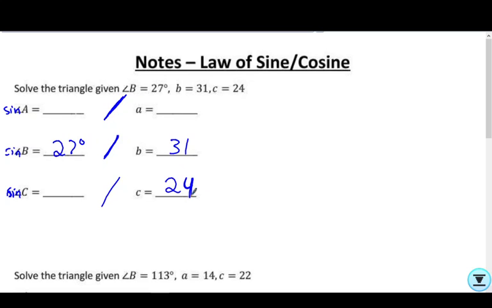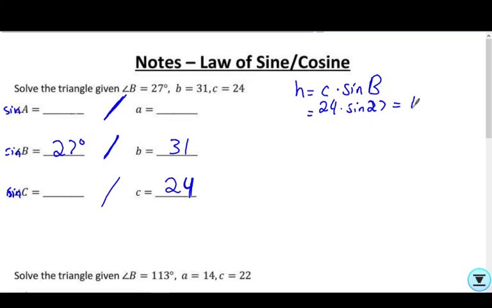So now I've got to decide, do I have any solutions? Do I have one solution? Do I have two solutions? The first thing I need to do is find my height. Since they gave me angle B, side B, and side C, my height for this one is going to be C times the sine of angle B. That means it's 24 times the sine of 27.